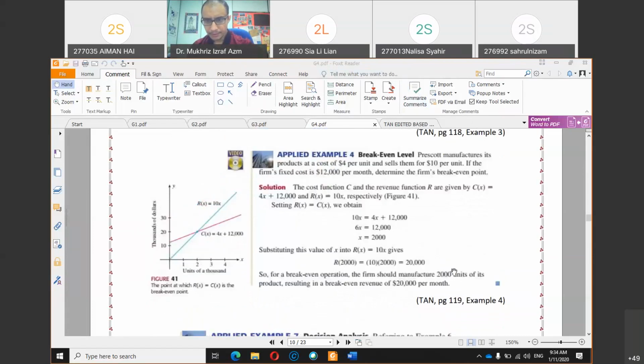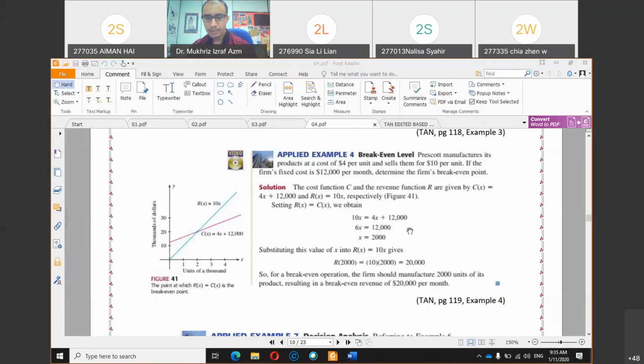So the main part here is the concept of break even. TR equals to TC, or revenue equals to cost. Because you're going to see this concept applied again in your macroeconomics, somewhere in your perfect competition topic or monopoly topic.